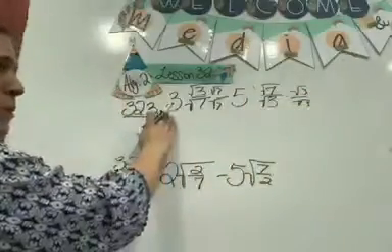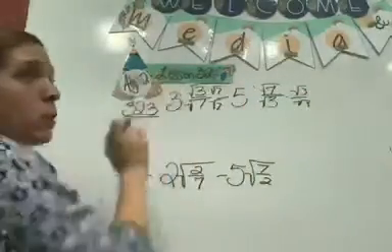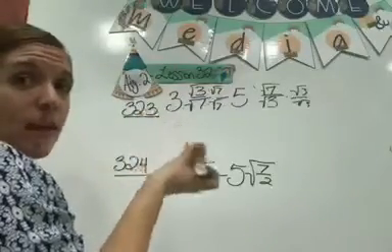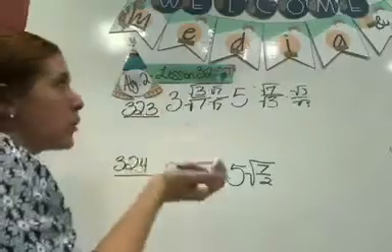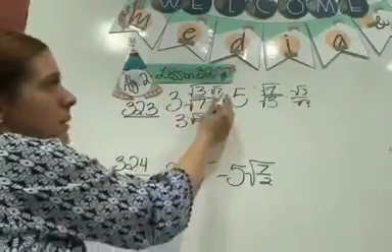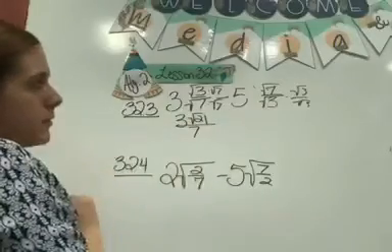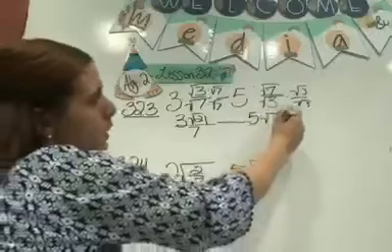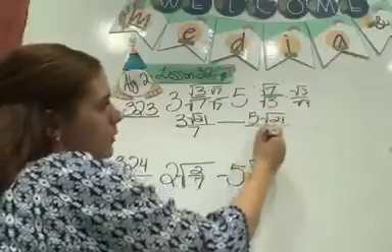We have 3. Remember that this 3 applies to the numerator, even though it's big on the fraction, it's next to the fraction, and it applies to the numerator. So I'm going to have 3 square root 21, that's 3 times 7, over 7, minus 5 square root 21 over 3.